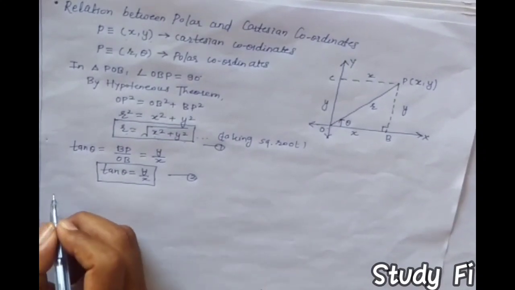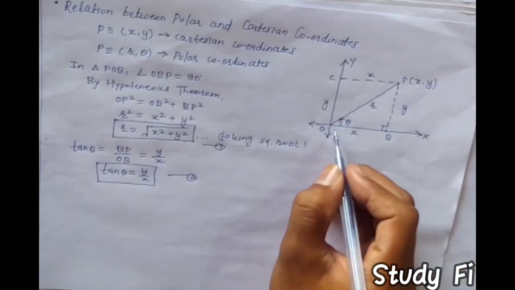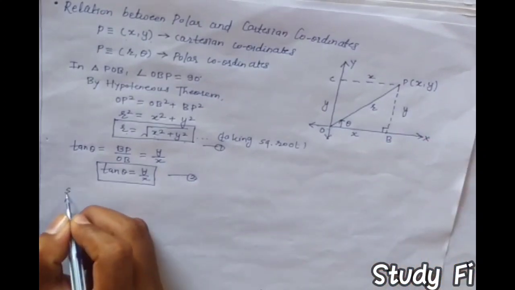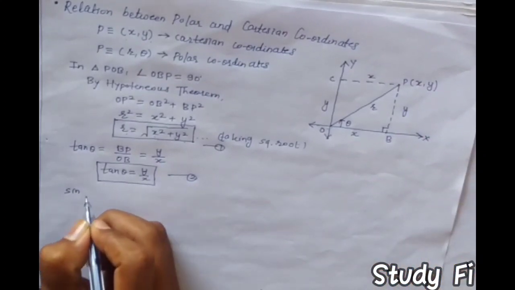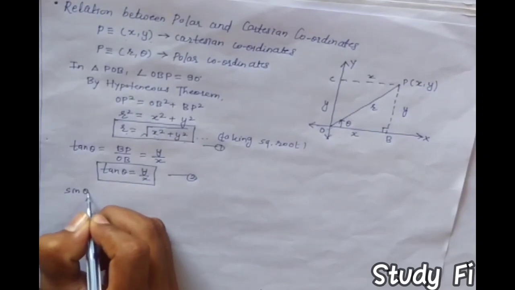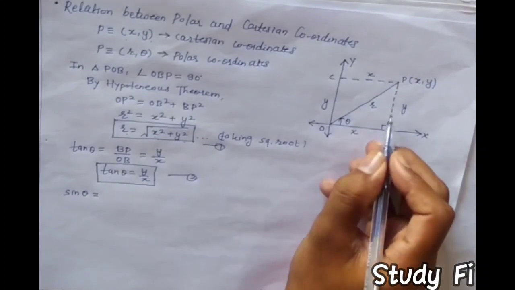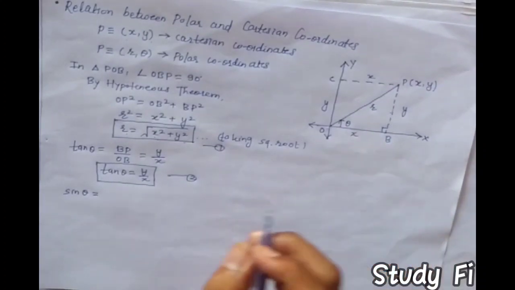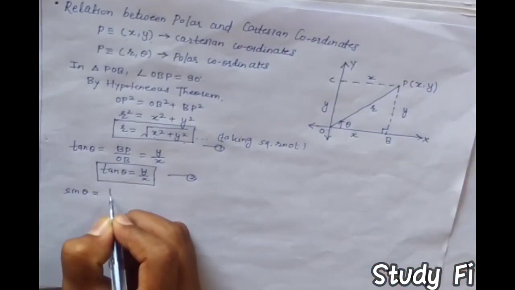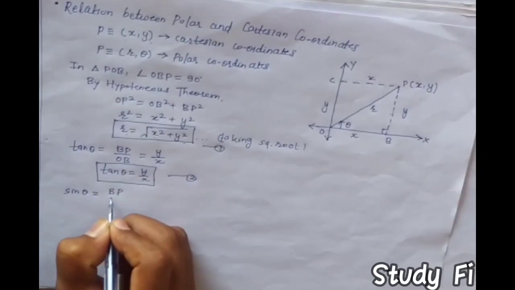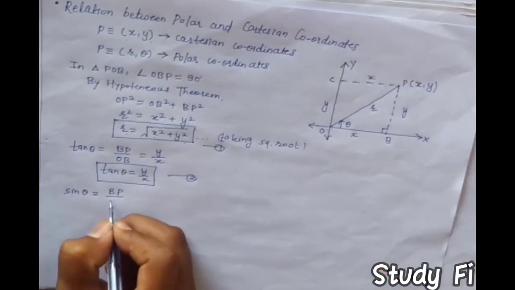For that, consider the same triangle OBP, and another trigonometric function, that is sin theta. So this sin theta is the ratio of the opposite side to the hypotenuse. The opposite side is BP and the hypotenuse is OP.